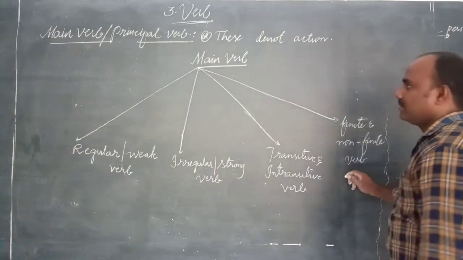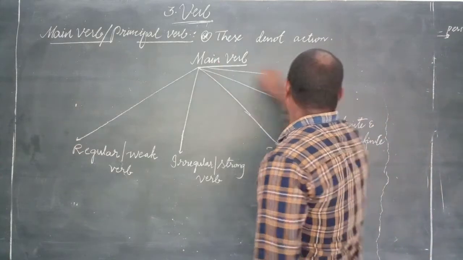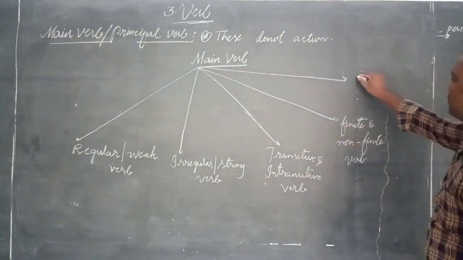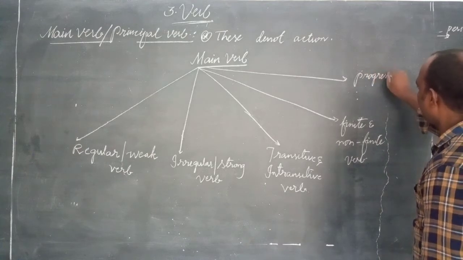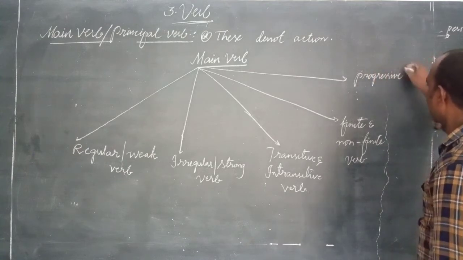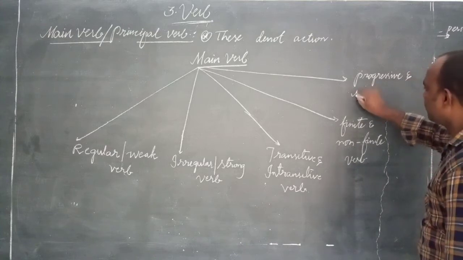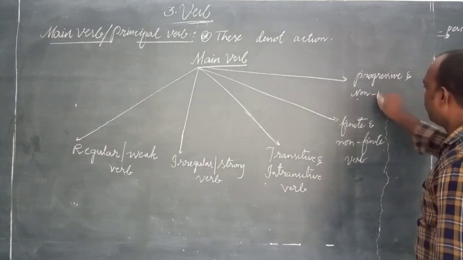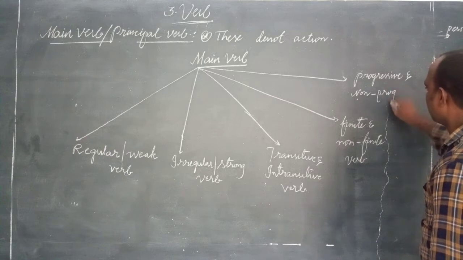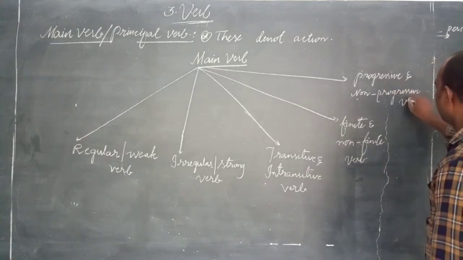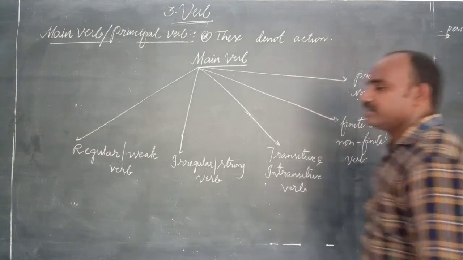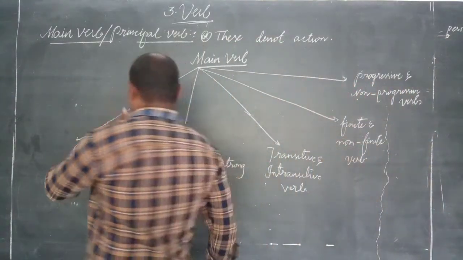Right? These are main verbs. We can have one more category, that is progressive and non-progressive. So these are the types of verbs.